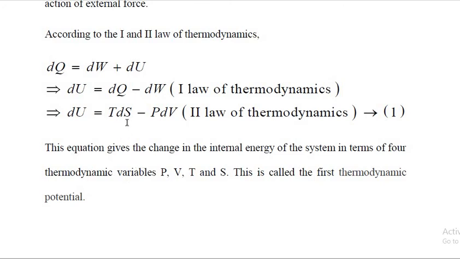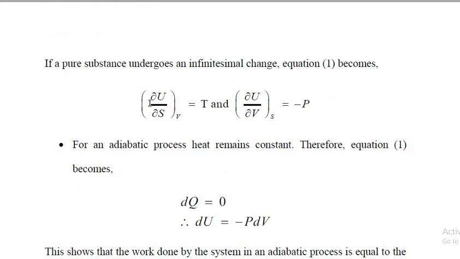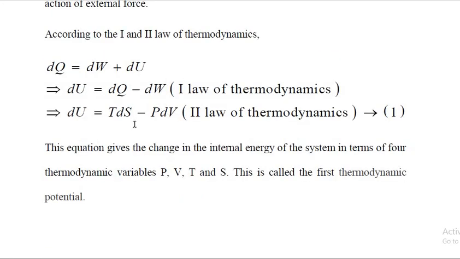This ds comes to the denominator, and since the derivatives are partial, we write ∂u/∂s at constant volume is equal to T. See, I have written ∂u/∂s at constant volume is equal to T. Similarly, ∂u/∂v at constant s is equal to minus P. You can see here, at constant s, this term will become 0. So you will have du is equal to minus PdV.